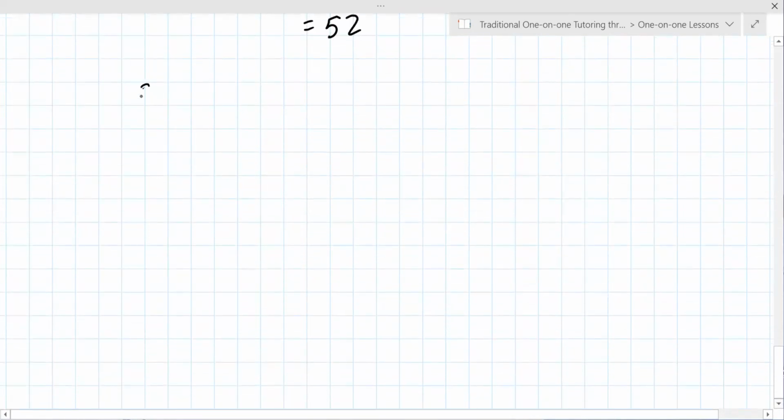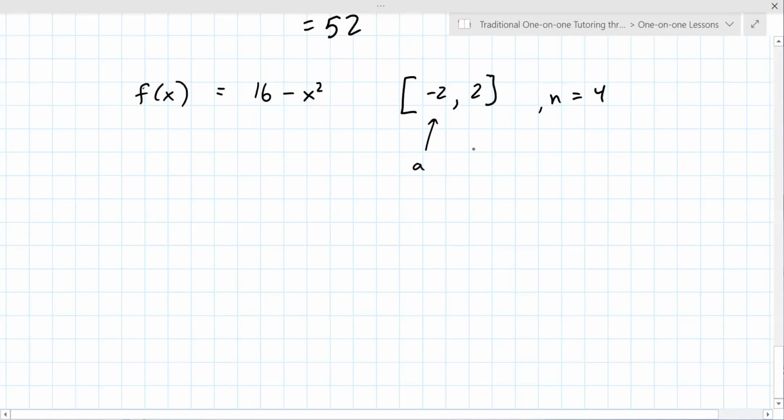So let's say your function is 16 minus x squared. And sometimes they do it this way, from -2 to 2, and n equals 4. So this time, this is your A and this is your B. And the first thing I want you to do is find delta x for us, please.